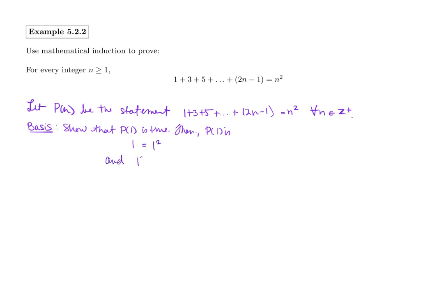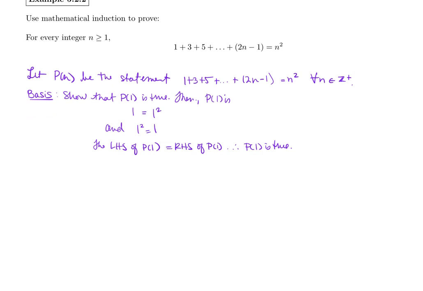And 1 squared equals 1. So we would say the left-hand side of P of 1 equals the right-hand side of P of 1. Therefore, P of 1 is true. And our basis step is done, and we can move on to our induction step.